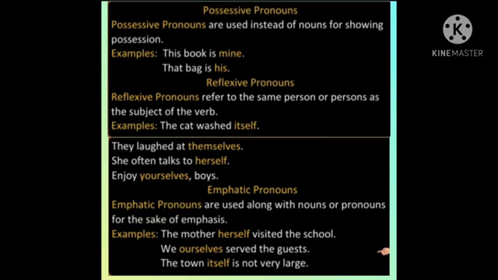Okay, not as the subject of the sentence, it is the subject of the verb. You can see here, the cat washed itself. Here the subject is actually the cat, but when we are seeing the subject of the verb washed, who washed itself? So the cat washed itself. There itself is the reflexive pronoun.